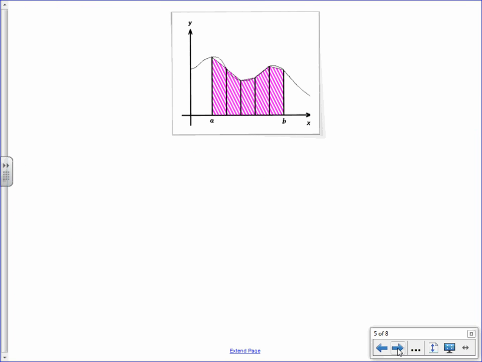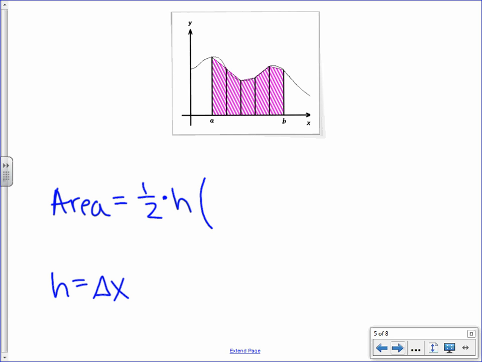Now let's talk about our trapezoid area. You're going to see some formulas, and I'm going to write my formula a little bit differently, because I want you to think about the area of a trapezoid. When you find the area using the trapezoid formula, think of 1/2 times the height, where h is delta x, times the sum of our bases.